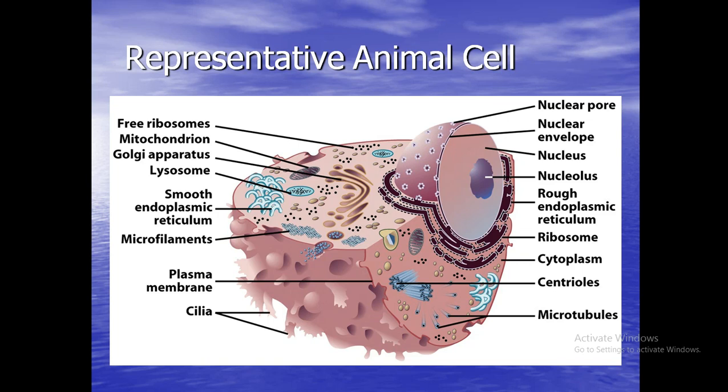By this, what we understand is, compared to prokaryotes, eukaryotic cells are more complex, by having more number of membrane bound organelles. Why are these eukaryotic cells more complex?